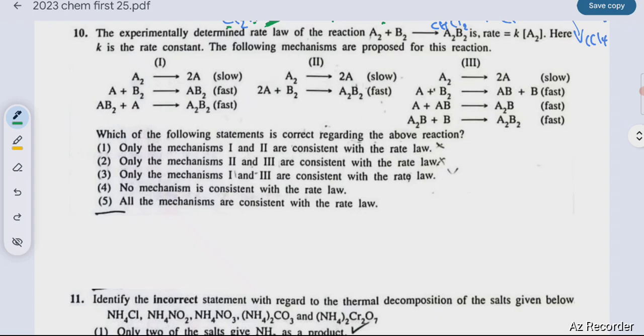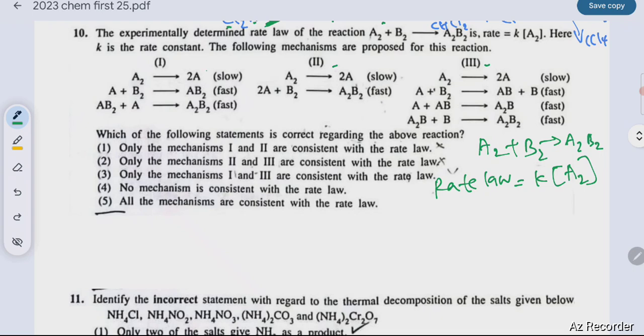The following mechanisms are proposed for this reaction, and there are 3 mechanisms given, right?